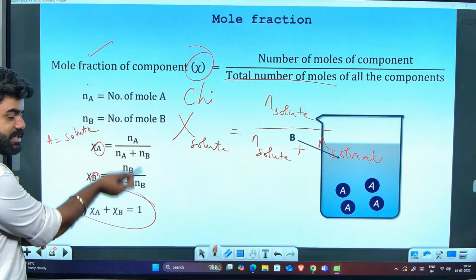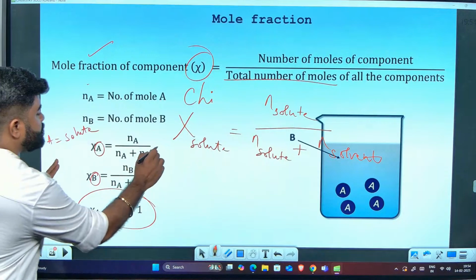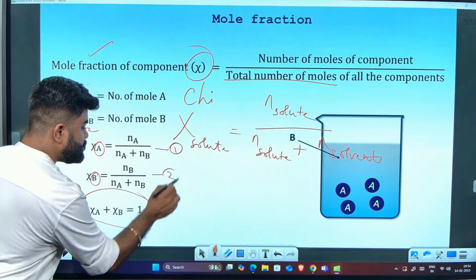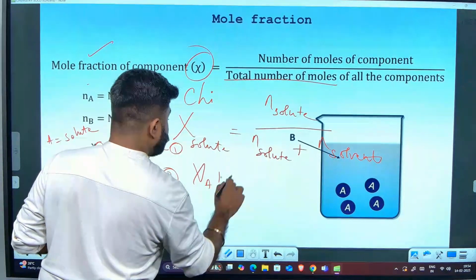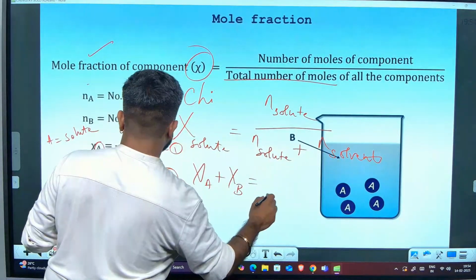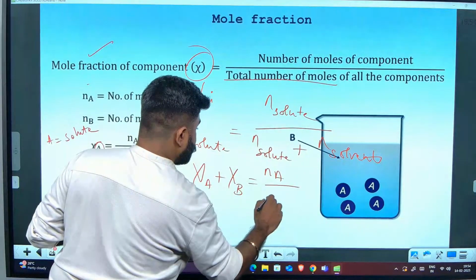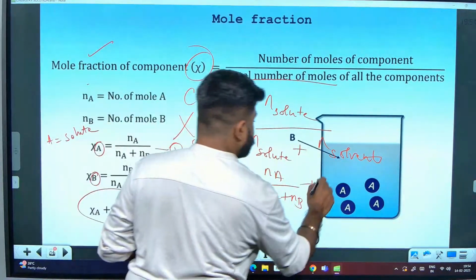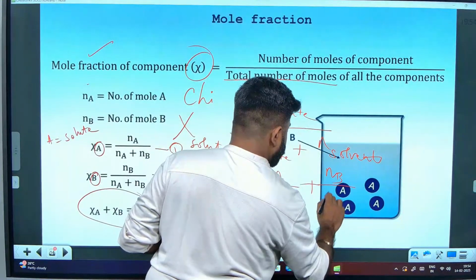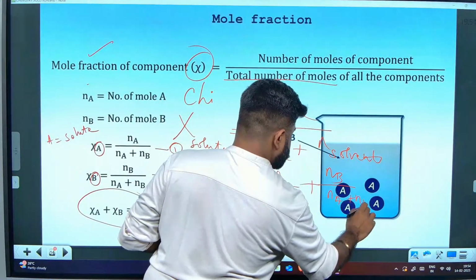Then finally, how did we get this? When you add these two equations, psi A plus psi B is equal to Na by Na plus Nb plus Nb by Na plus Nb.